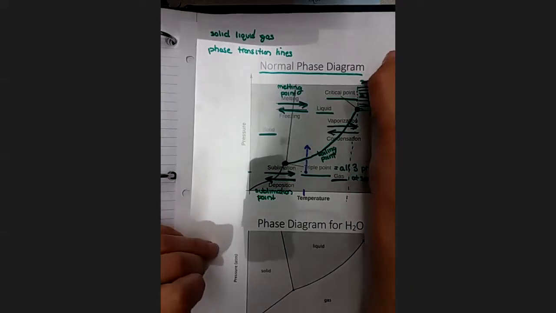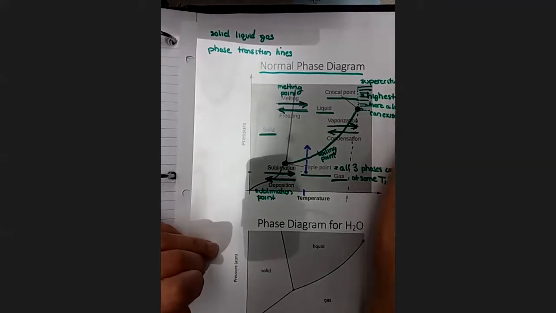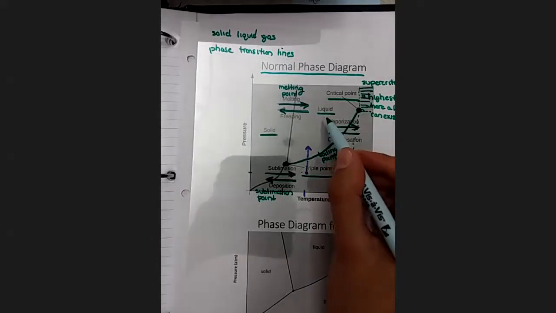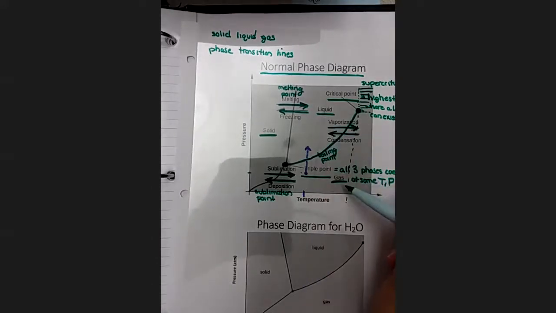And this is where you have a supercritical fluid. A supercritical fluid has some properties of a liquid and some properties of a gas. It flows just like a liquid and a gas, and it has a density somewhere in between the two.